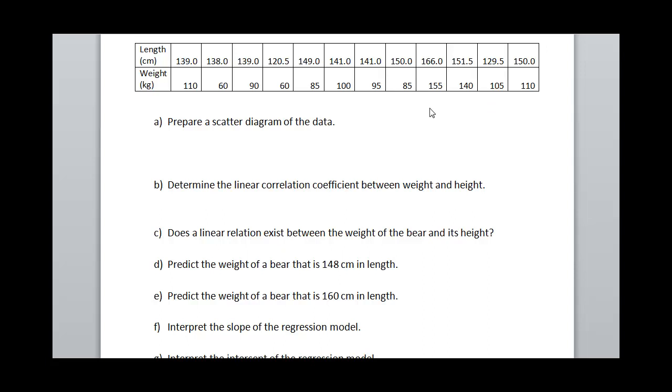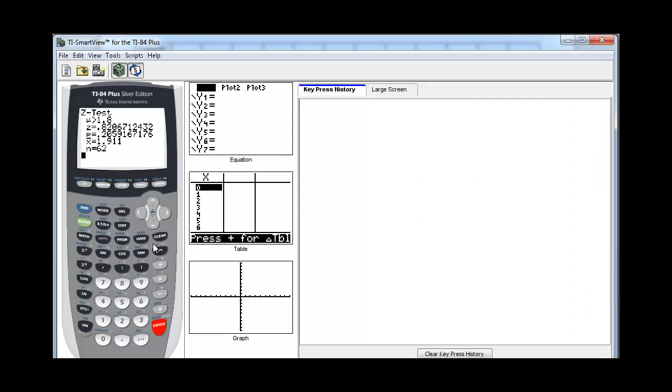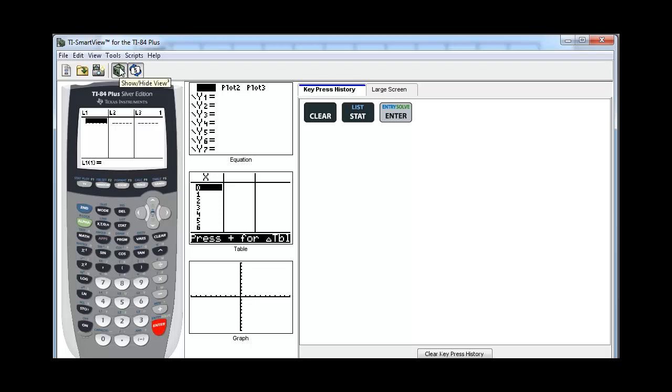So what we're going to do is go ahead and put that data in our calculator in the list. So I'll go to Stat, Edit. Okay, and I'm going to put the data in the list.